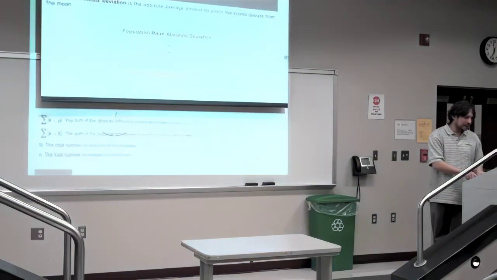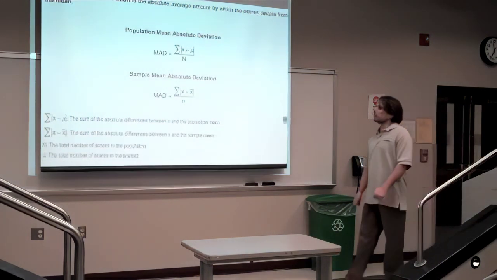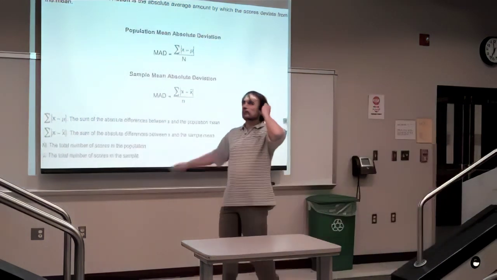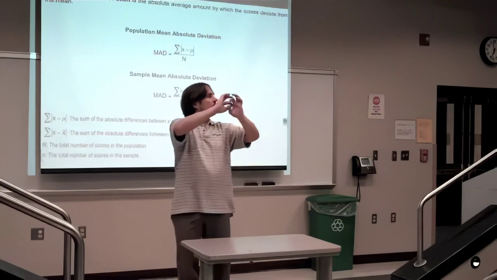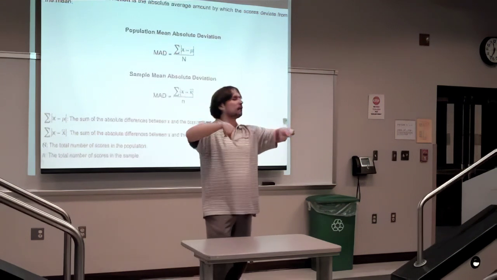So the mean absolute deviation. What this is going to do for us is this. Remember the target that had some bullseyes and the rest of the arrows were out.